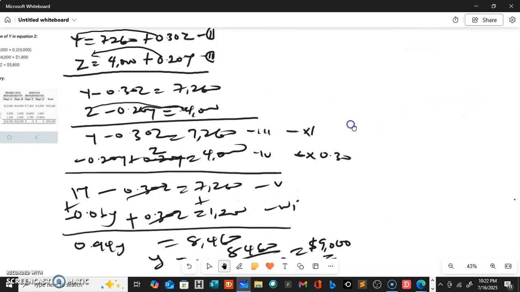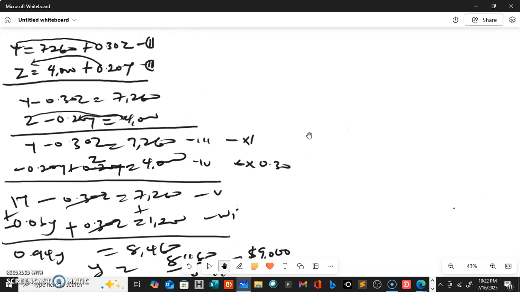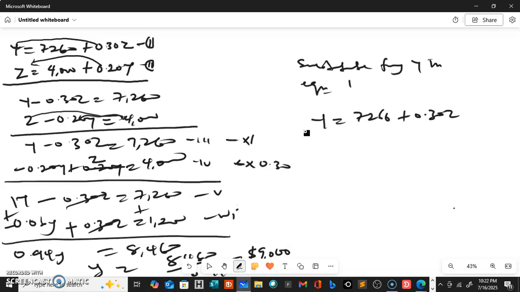So we now look for the value of z. Let's substitute for y in equation 1. Equation 1 is y equals 7,260 plus 0.30z. Since y equals 9,000, that will be 9,000 equals 7,260 plus 0.30z.